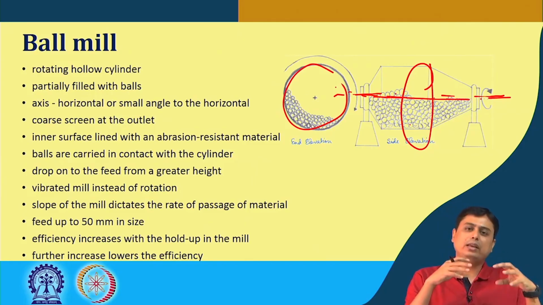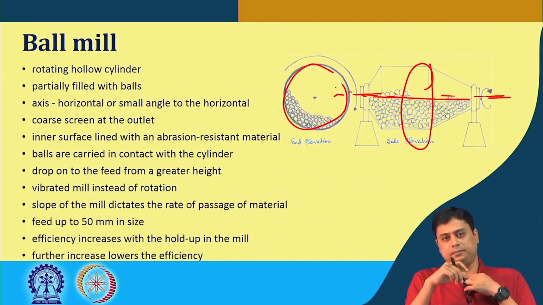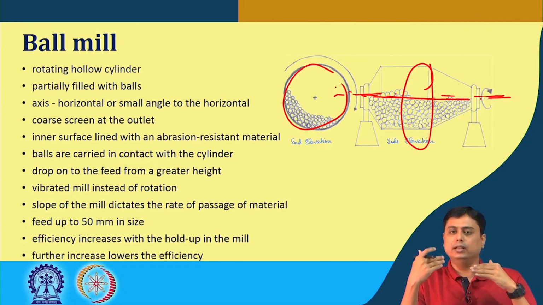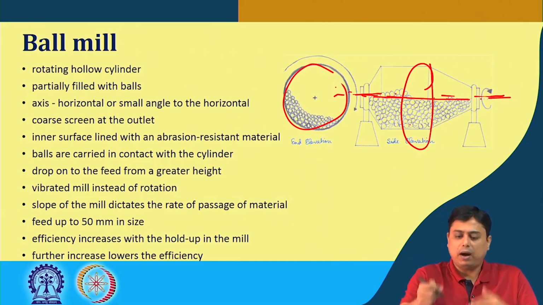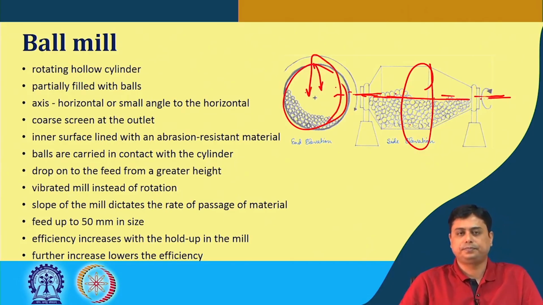Now, if you increase the feed throughput more than that, then the efficiency decreases. Because if we increase this level of feed, the ball has to effectively fall on the particles.